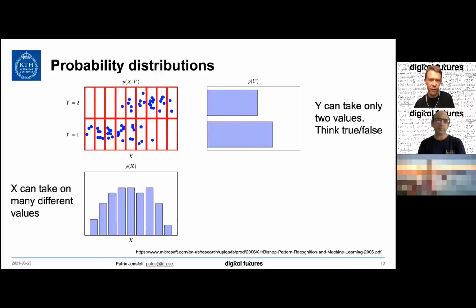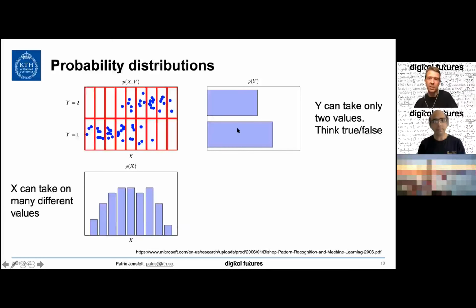If you first look at this image and concentrate on the blue dots and see how they are spread out in the horizontal direction, we could describe the distribution of those in a histogram that is shown in the bottom here. If we instead look at the blue points, but think of how they're distributed in the vertical direction, this is what is called y in this picture, and y only has two possible values, so we get a histogram with only two bins.